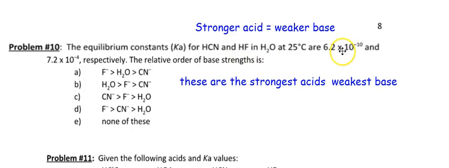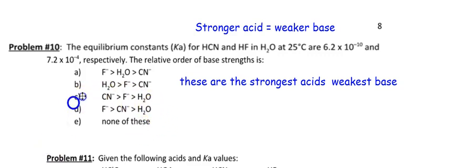HCN, 10 to the -10th, so that's going to be a weaker one. So already the weaker acid will give you the stronger base. It looks like CN- is going to give me a stronger base. So knowing that CN- is higher than F- is really going to help you out here. And the only one of those here is C.